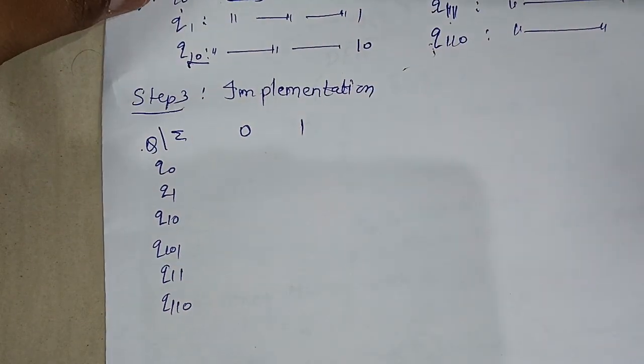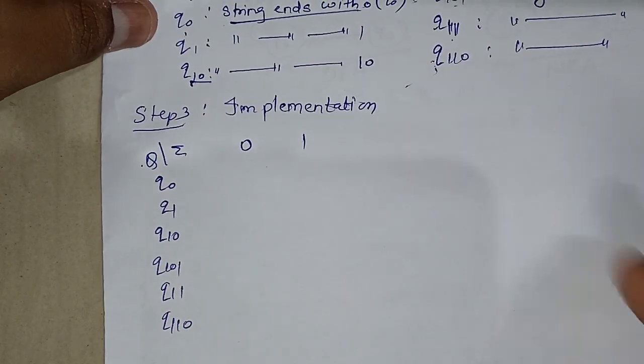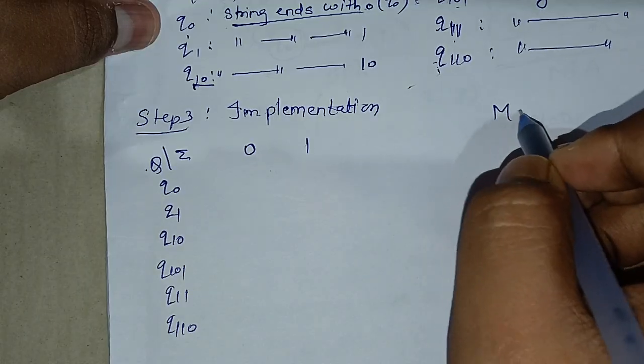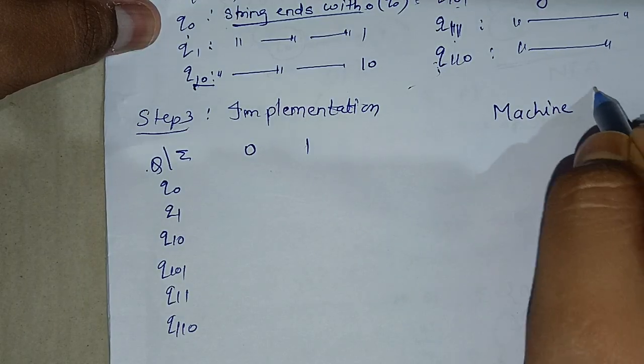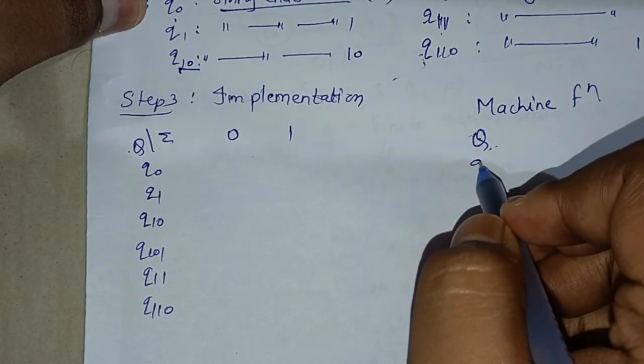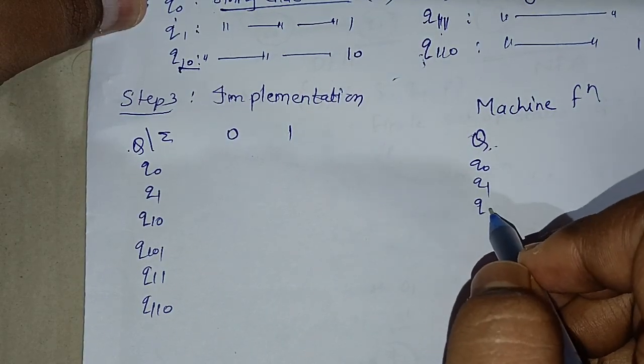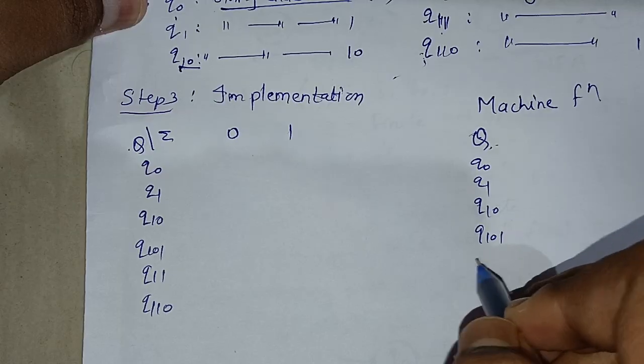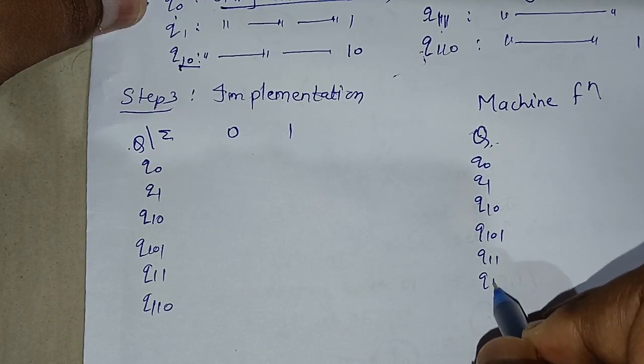Now see, our machine function: Q0, Q1, Q10, Q101, Q11, Q110.